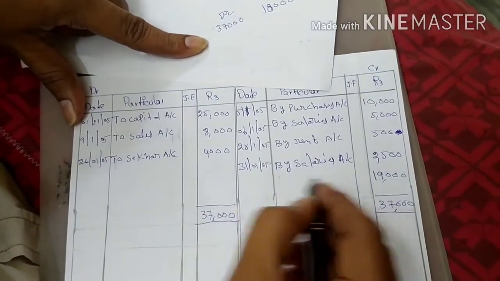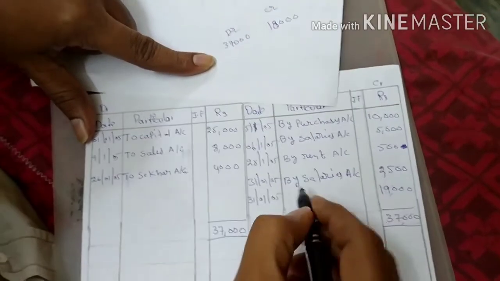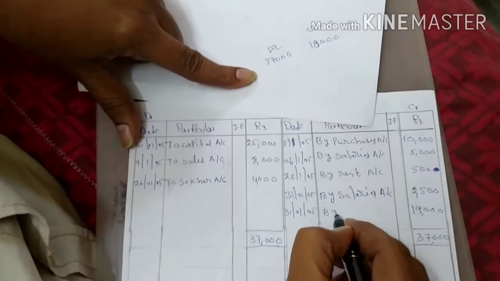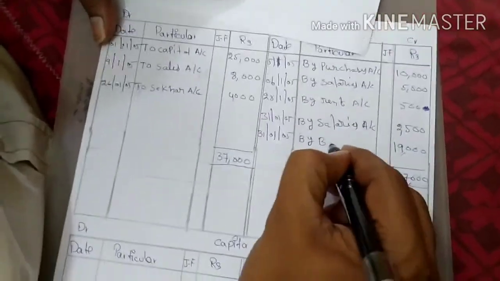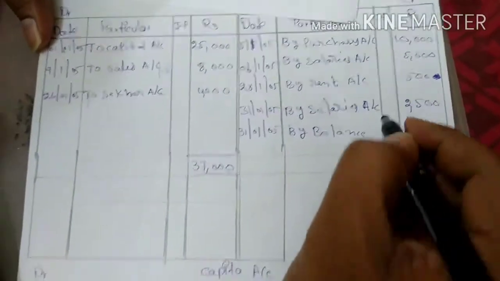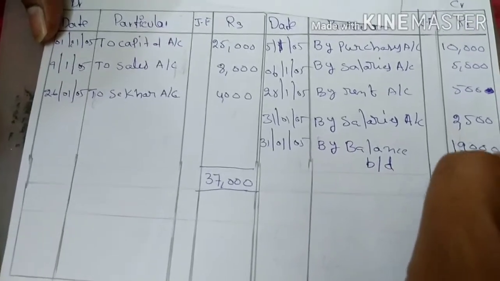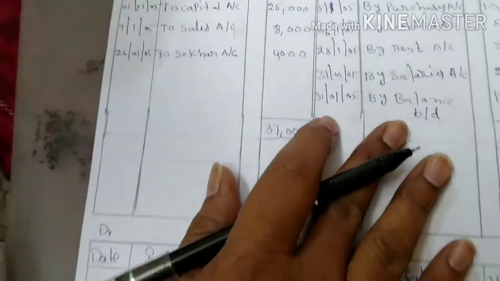So here we need to write the month's last date, January 31st, 2005, by balance brought down, that means B by the amount, that is 19,000.